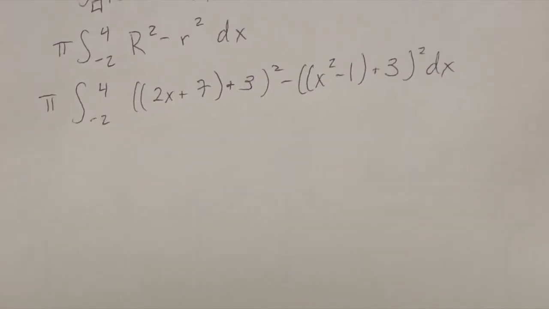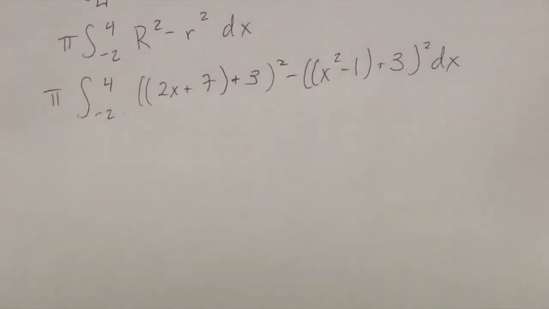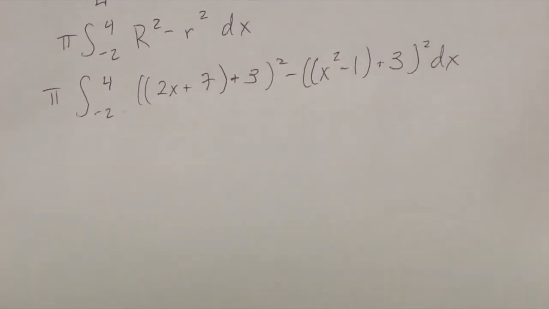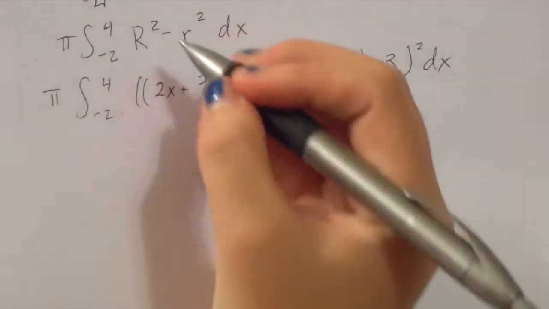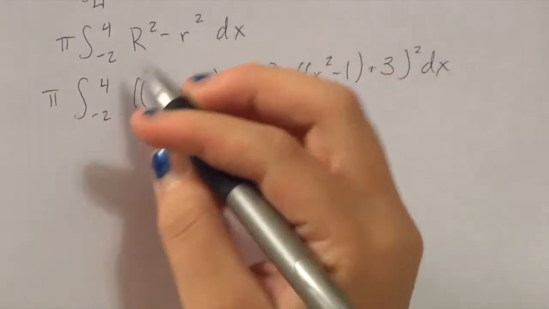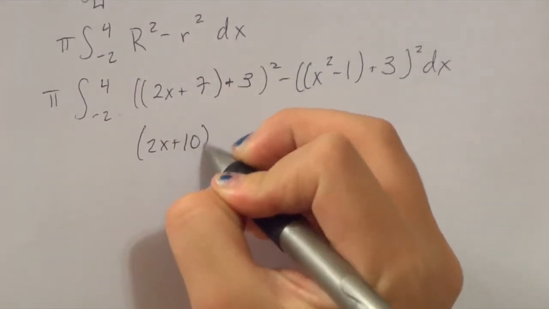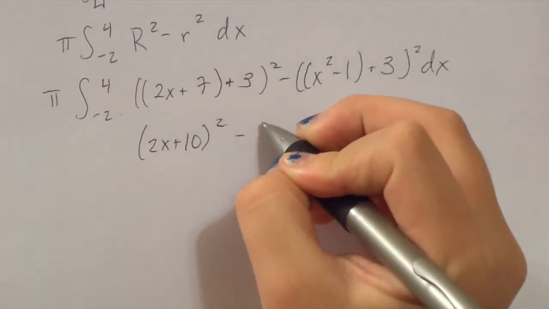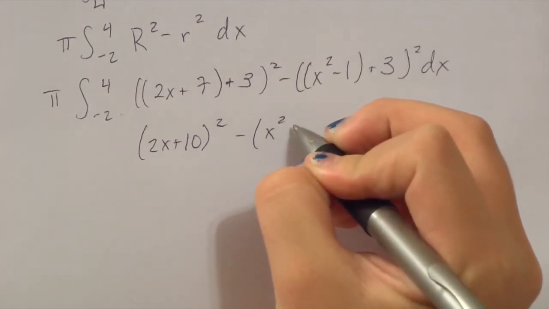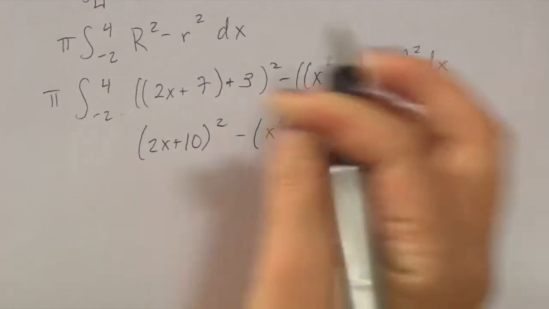Now that we have our integral, we need to find the antiderivative of this function. However, the easiest way to do it would first be to simplify. So this will become 2x plus 10 squared minus x squared plus 2 squared dx.